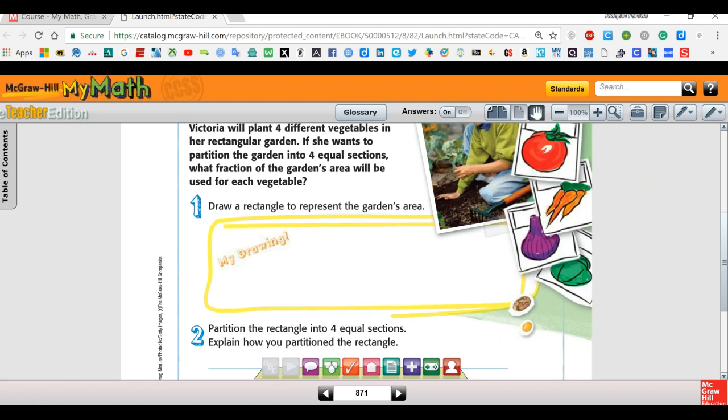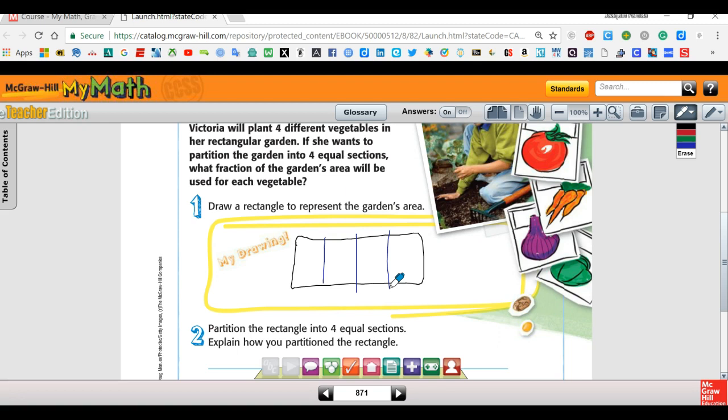What kind of shape do I need to make? A rectangle. All right, let's start off with that. And I need to partition it into how many sections? 4. And how many vegetables does she have? 4.